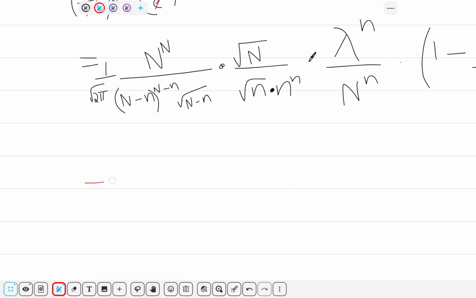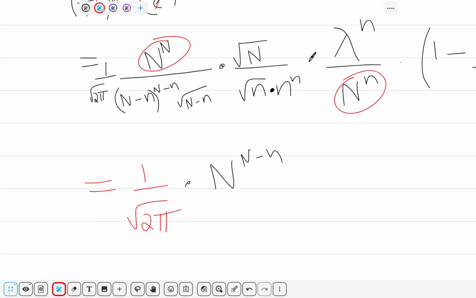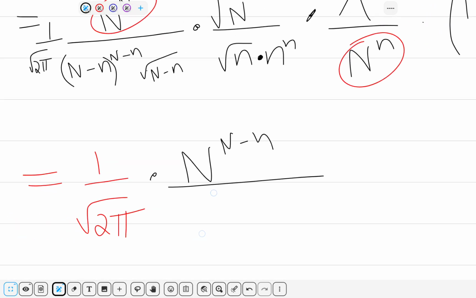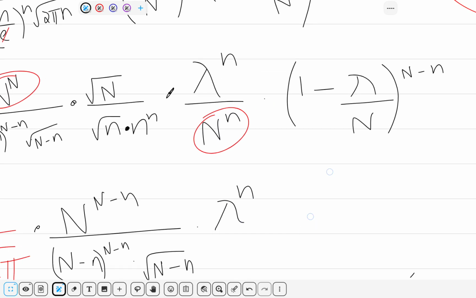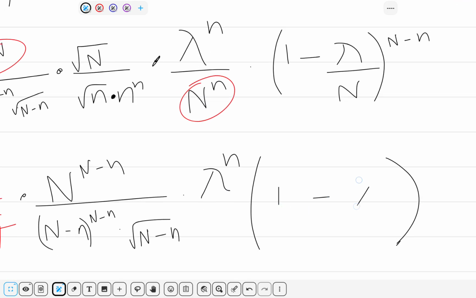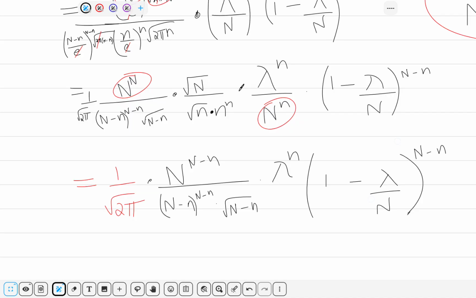I think I see too many n minus n, so let me just write this times n power n minus n because of this, divided by n minus n power n minus n, so many n minus n's. If that means anything in this derivation, that's good then. So what more can I do?